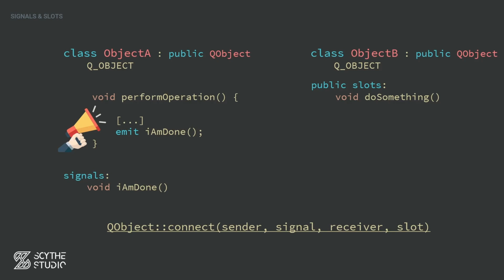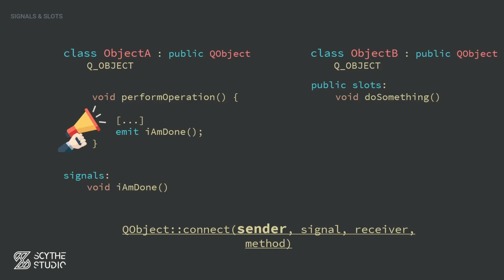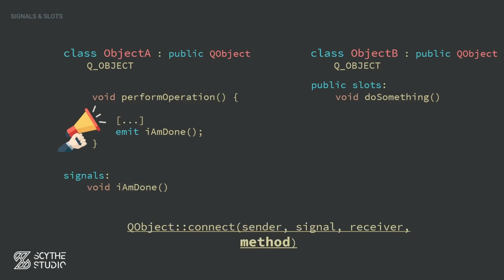Those arguments are sender, a pointer to the object that emits the signal, signal, a pointer to the signal method, receiver, a pointer to the object that listens to the signal, and method. It's a slot function that is actually executed after the signal is emitted. It can be either a member function, functor, lambda, or non-member function.